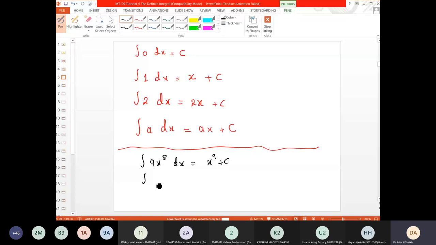If, for example, I have the integration of 5x to the power 4 dx, this equals x to the power 5 plus c.